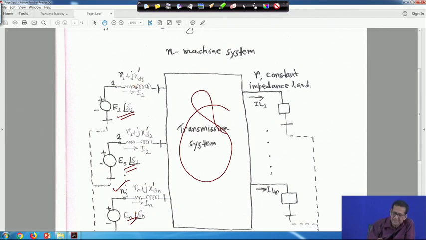Then the impedances are R1 plus j Xd1 dash, R2 plus j Xd2 dash, up to Rn plus j Xdn dash, but usually R1, R2, Rn are negligible. So, in our studies we will only consider Xd dash in general, Xd1 dash, Xd2 dash, Xdn dash, and E1, E2 up to En.